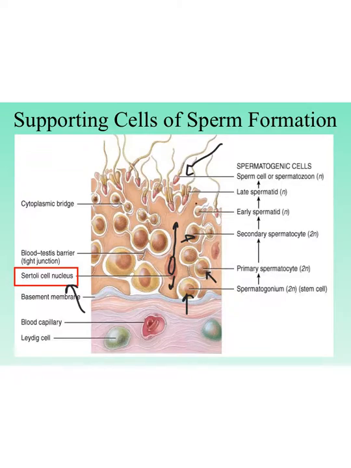They do a lot of things. They release fluids, which makes it easier for the developing sperm to move up. They actually eat sperm that's bad. It's called phagocytosis. They eat the bad sperm cells, and they also help nourish the developing sperm cells.